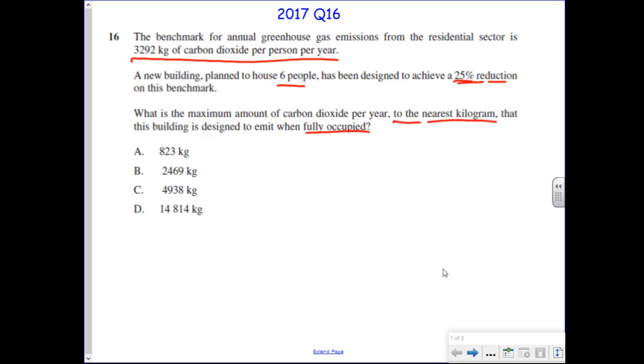So there's quite a bit to unpack here, but basically what we're seeing in this question is this new building that's being made is going to be doing 25% better than that 3,292 kilograms. So let's first of all find that. We've got 25 over 100 times 3,292, which is 823.